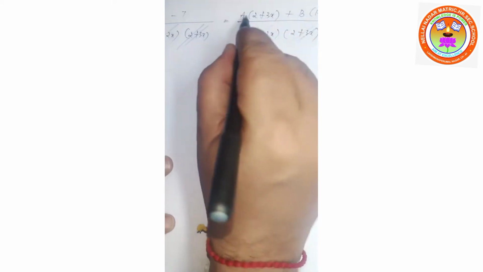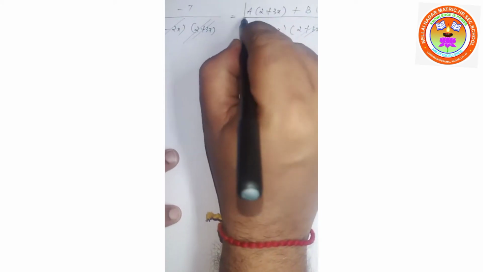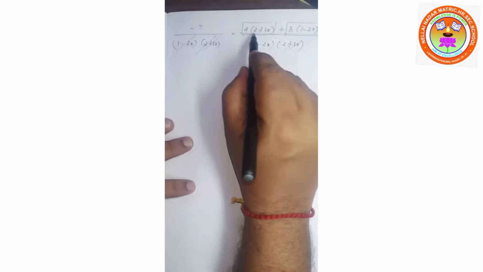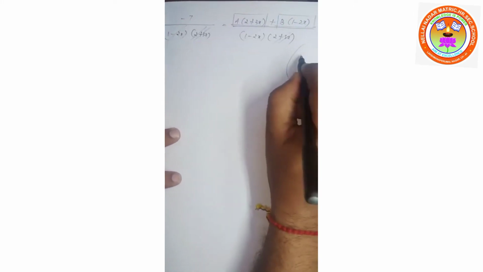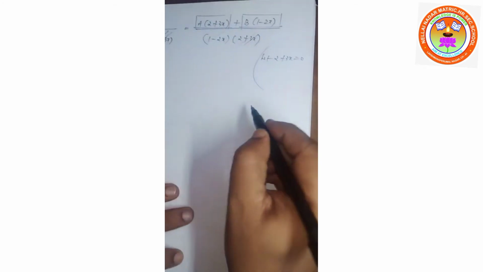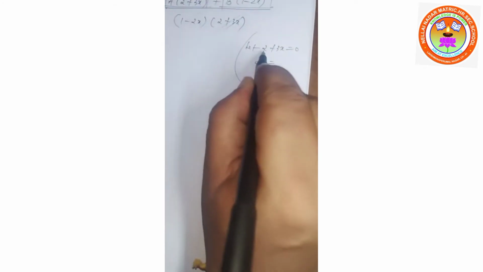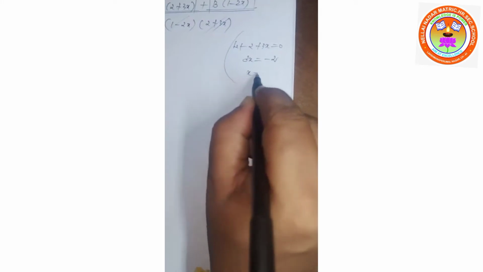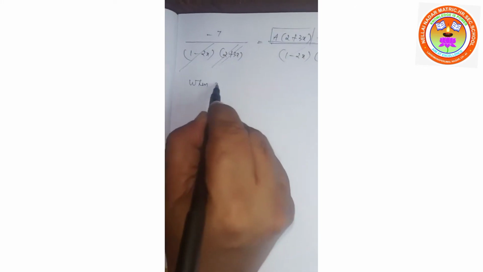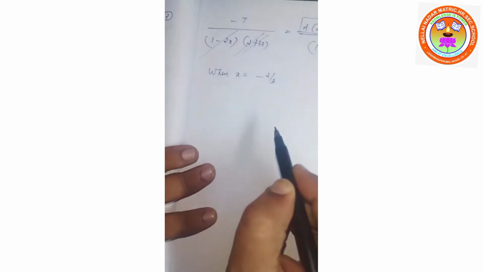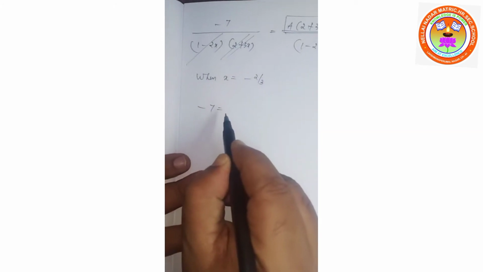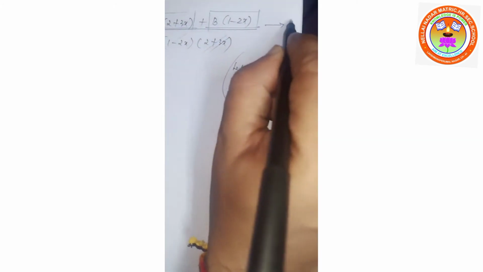Now, which is inside the brackets, let it be the first block and second block. In the first block, inside the brackets we have 2 plus 3x considered as 0. 2 plus 3x is equal to 0. You have to find out the value of x. 3x equals minus 2, so x equals minus 2 by 3. When x equals minus 2 by 3, substitute in this equation. Let it be number 3.